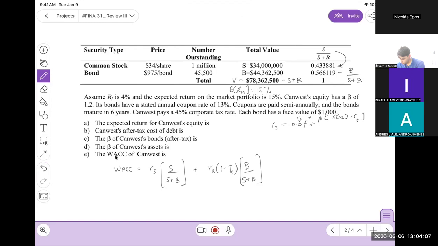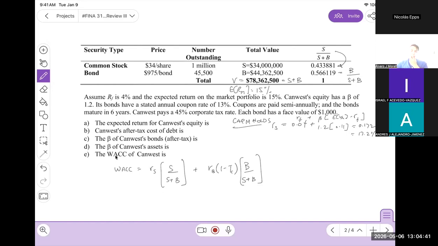Beta was given as 1.2. And what is the market risk premium? 15 minus 4 is 11. So RS is 17.2%, and this assumes the capital asset pricing model assumptions hold. We had to do that to get that result.